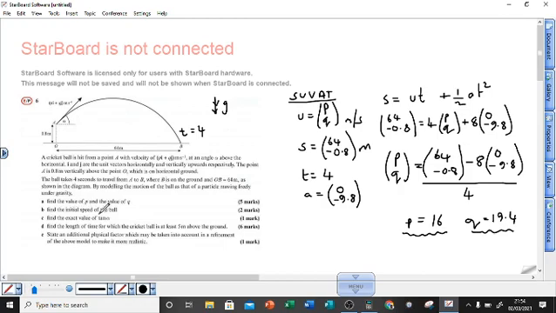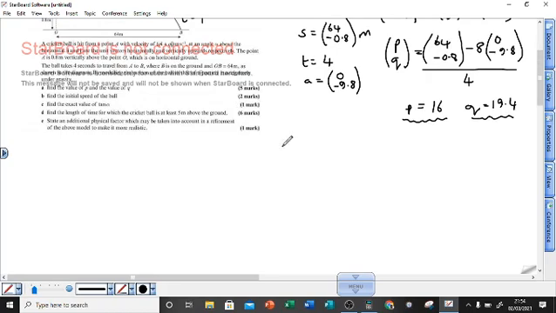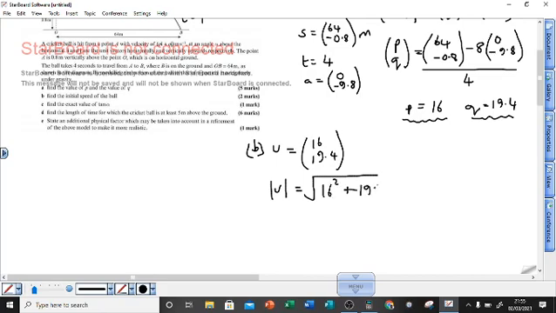Okay, find the initial speed of the ball. Well, that's part b. You know the initial velocity, you've just worked that out, is pq, so that is 16, 19.4. So let's rub that out. Let's put b over here, and let's call that u. So therefore mod u is equal to the square root of 16 squared plus 19.4 squared, all square rooted, and that will give us the speed bit of it that we need.